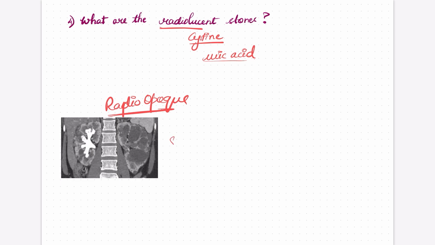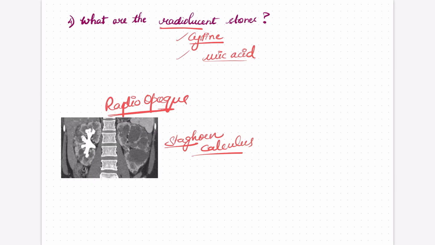The most common being the staghorn calculus, made up of triple phosphate. Also calcium carbonate, and all the stones which contain calcium, like calcium oxalate, calcium carbonate, and triple phosphate, are radio-opaque stones. So cystine and uric acid are the radiolucent stones.